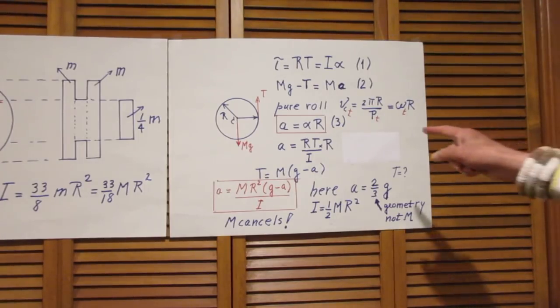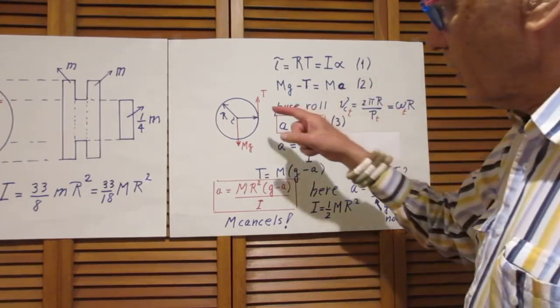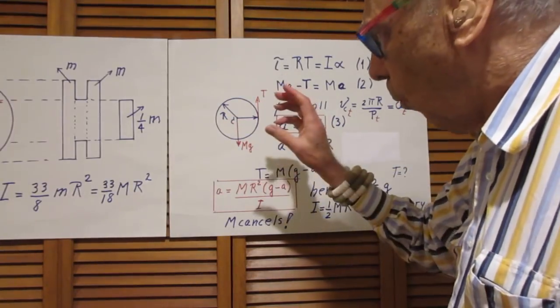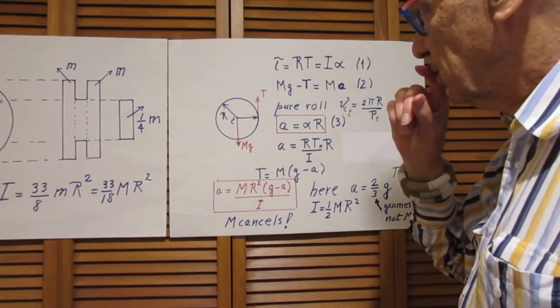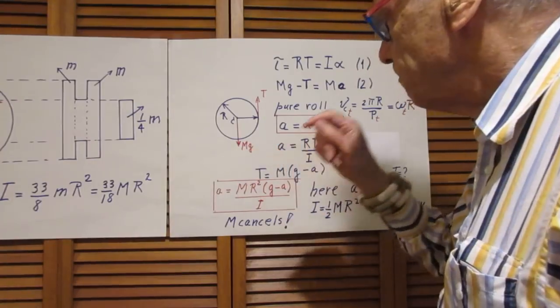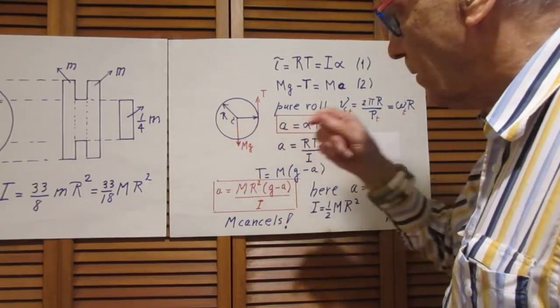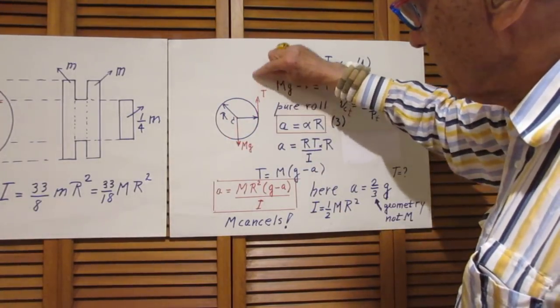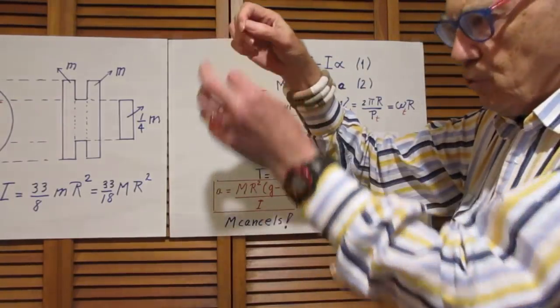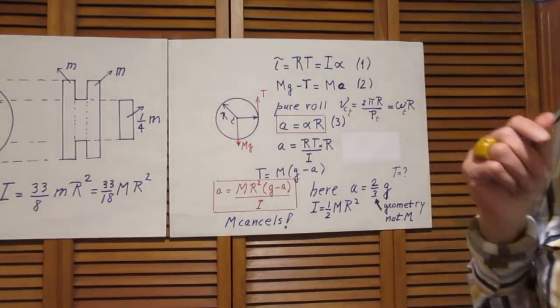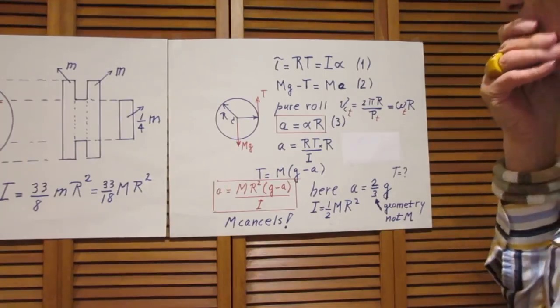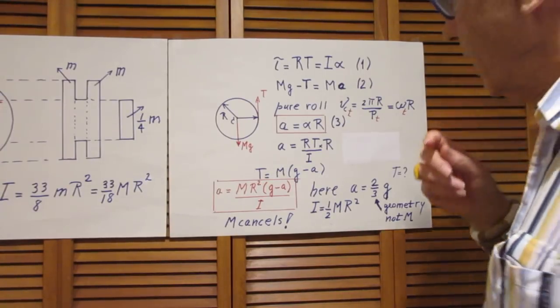So you see that here. This is just one disc which has mass capital M, and it has radius r. And there is here a string, and we let it roll down that string, just like I did with the yo-yo.